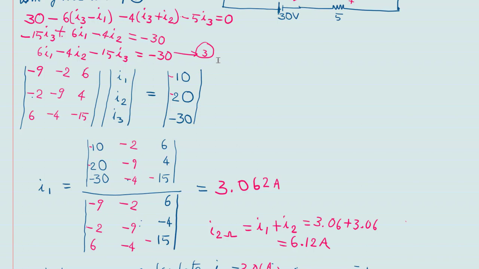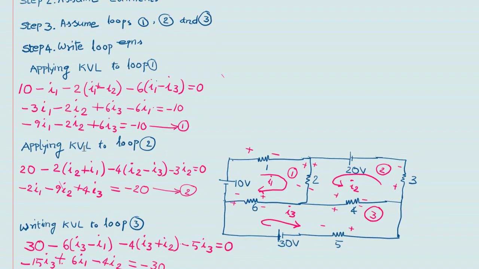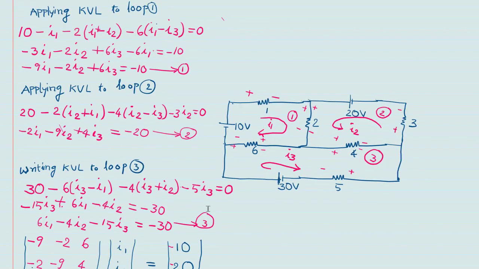So we have the 3 loop equations. So write these 3 equations in the matrix form like this. So we know this is loop 1, this is loop 2, and this is loop 3 equation.